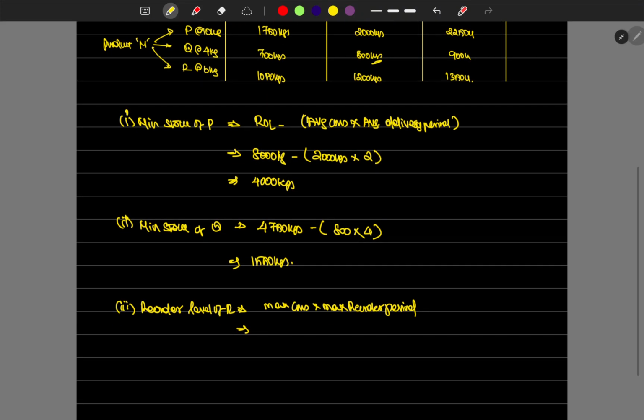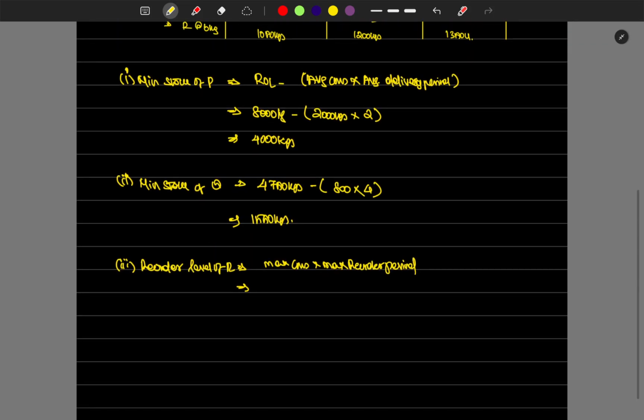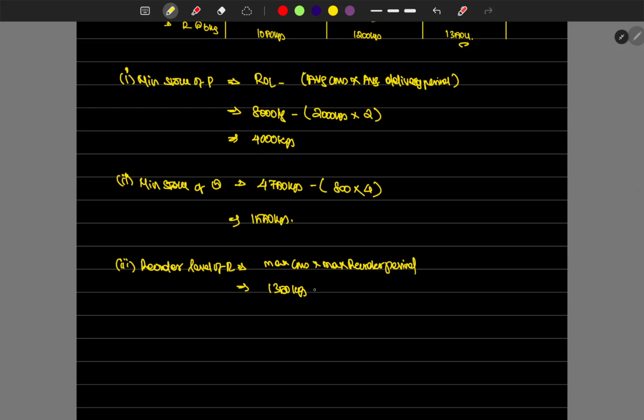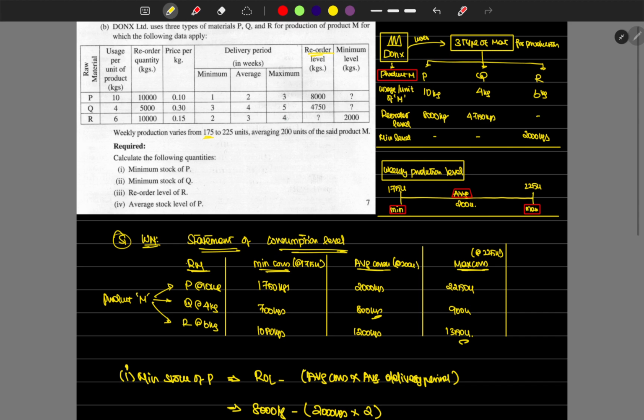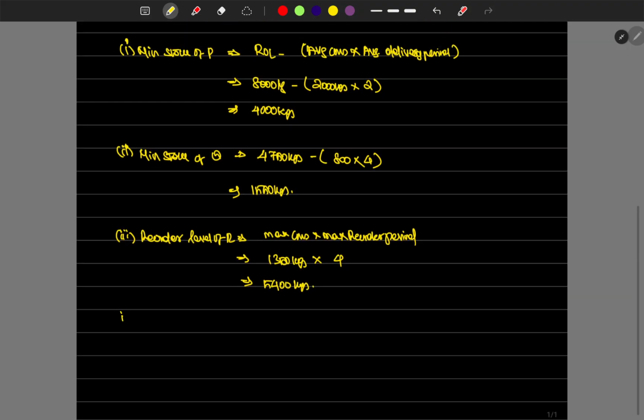The maximum consumption is 1,350 kgs, into the maximum reorder period of 4 weeks. So we need 5,400 kgs of R. When stock reaches 5,400 kgs, we have to place our order.